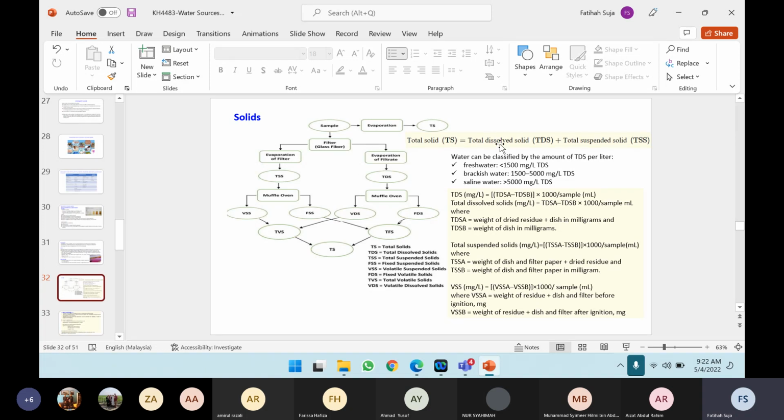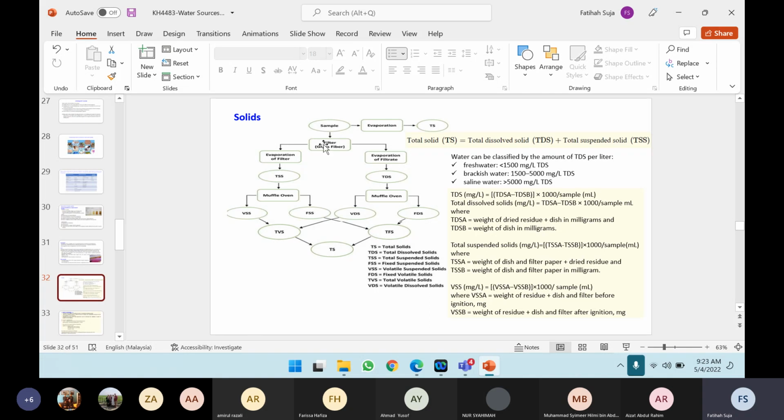Total solids is total dissolved solids plus total suspended solids. If you get a sample and you just evaporate the sample, then this is the total solids. Like you put your water sample in a crucible, like a bowl, and then you evaporate. Then this is the total solids.